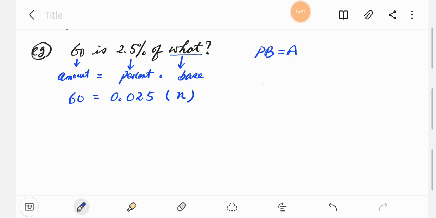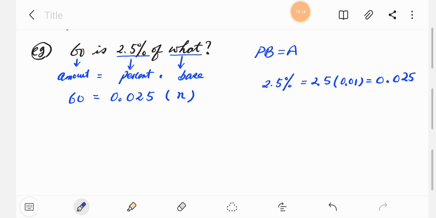Okay, let me write it again. 2.5% is equal to 2.5. We have to change the percent into a decimal, so multiply this by 0.01. So 0.025.